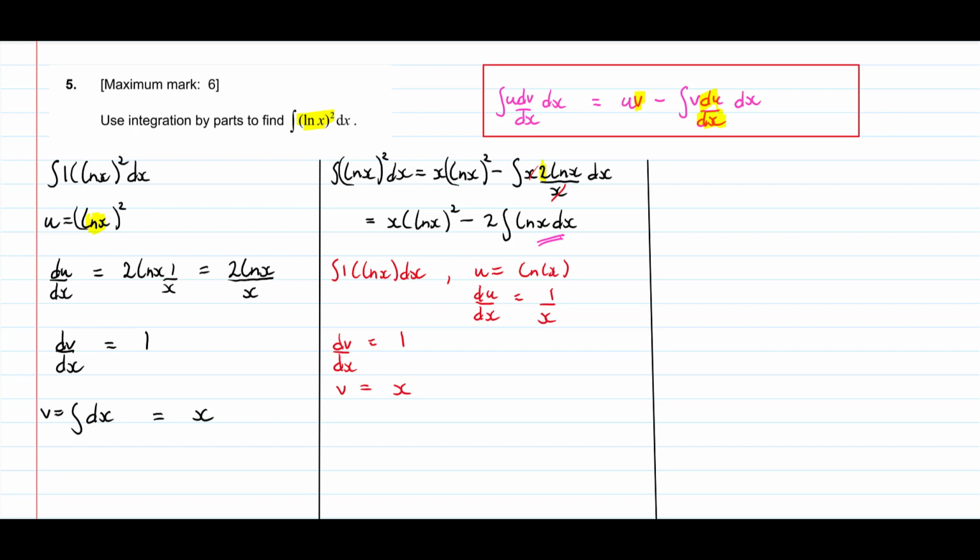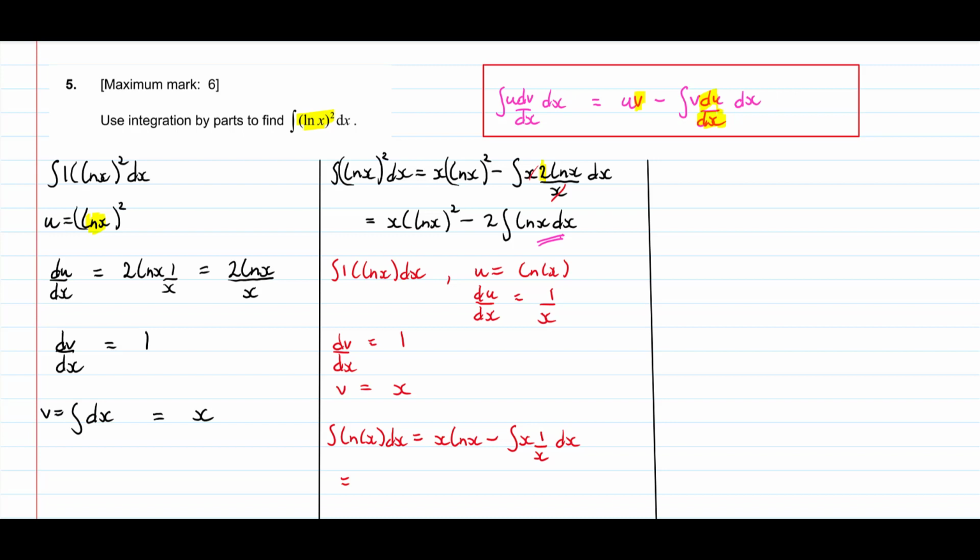So for this part in red that I've written here, we'll just plug these into our formula for integration by parts. So then we're going to get our integral of ln x is going to be equal to u times v. So that is going to be x times ln x minus the integral of v times du by dx. So v was x, du by dx is 1 over x. And just simplifying that, so x over x is equal to 1.